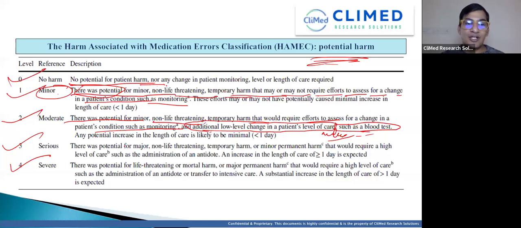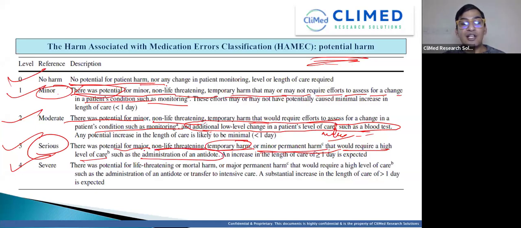Serious harm is a potential for major non-life threatening temporary harm or minor permanent harm that would require a high level of care, such as administration of an antidote, and an increase in the length of care of more than 1 day is expected.